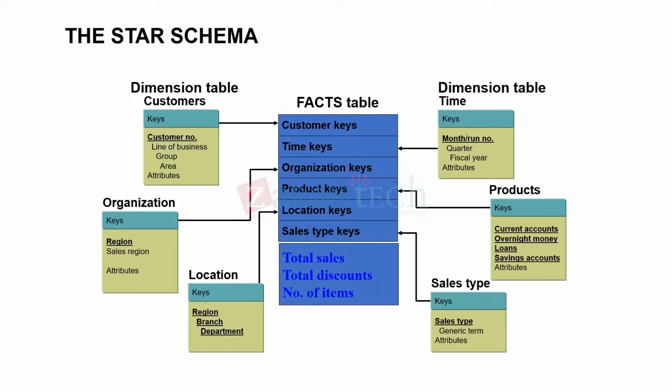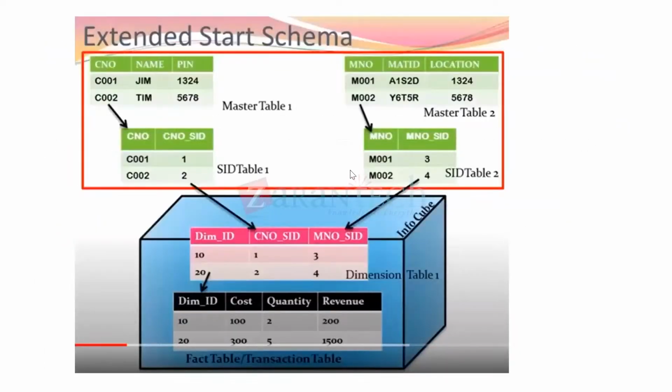Each table contains relevant data for those specific sets of characteristic values. So a fact table surrounded by several dimension tables is called a star schema. BW took it to the next level, and it said that it has something called an extended star schema. Again, this is probably for the next session.